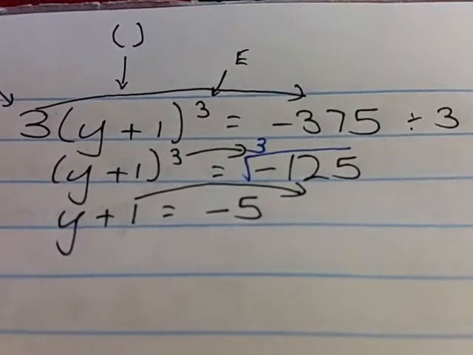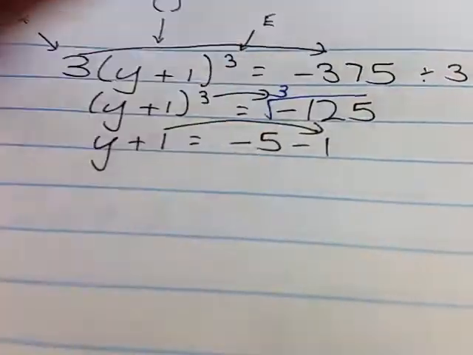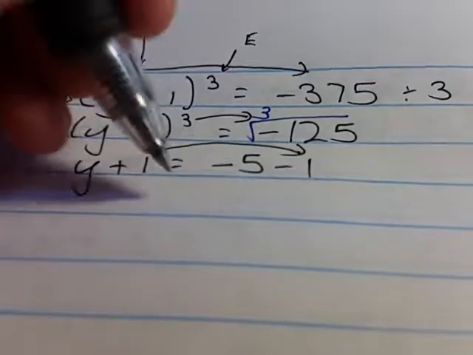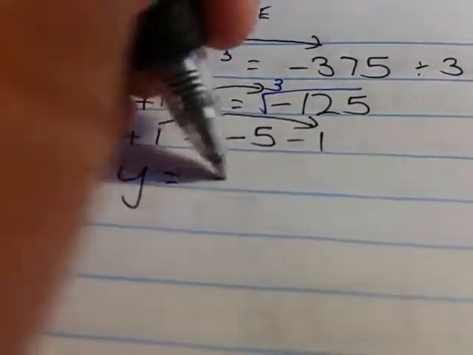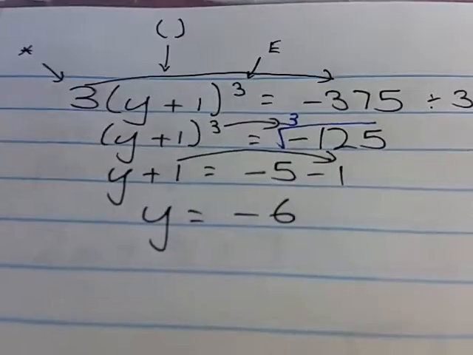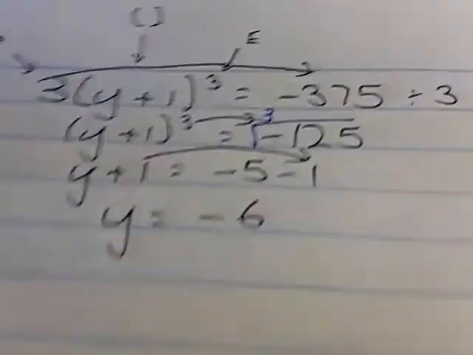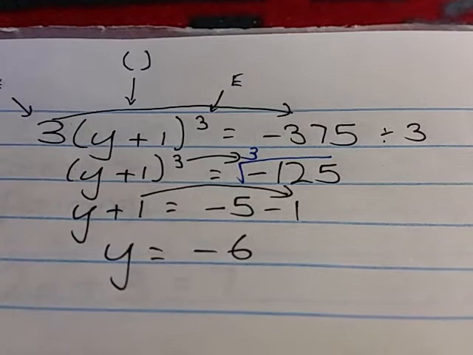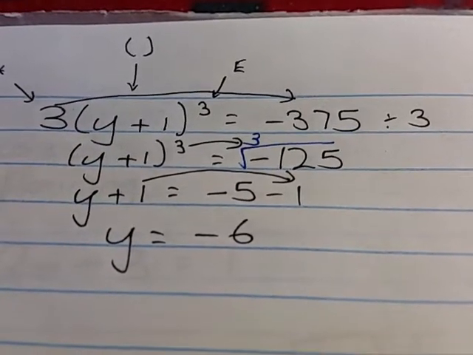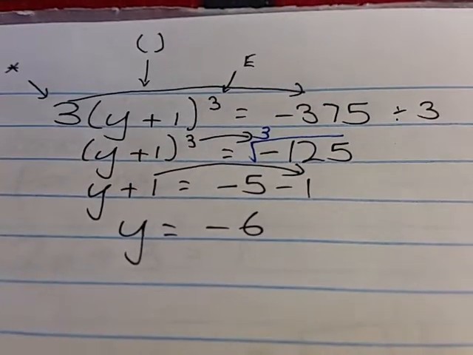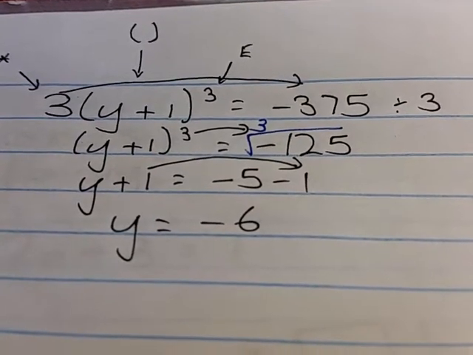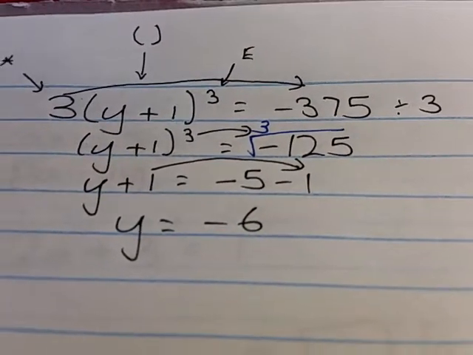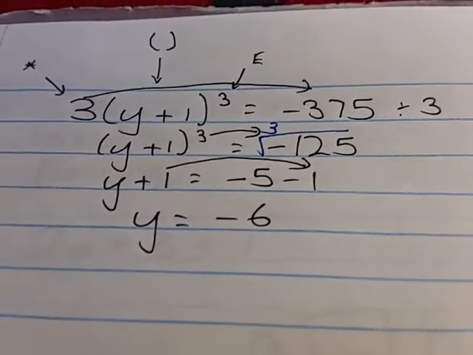The opposite of positive 1 is negative 1. So, negative 5 minus another 1, y equals negative 6. And you're done. There, 3 lines. Does it look much easier now? Exactly. As long as you know what to do first, the rest falls into place.